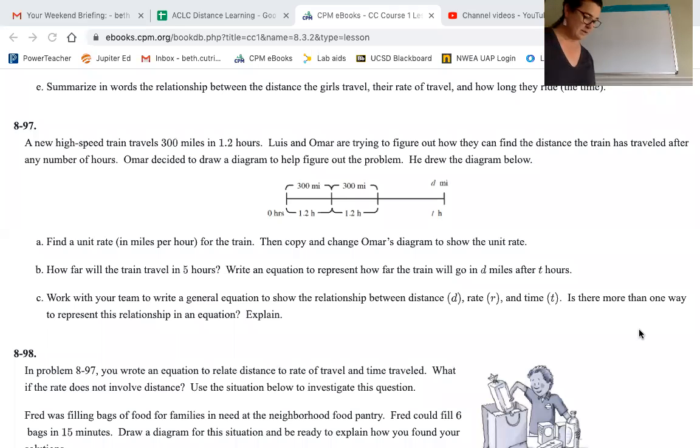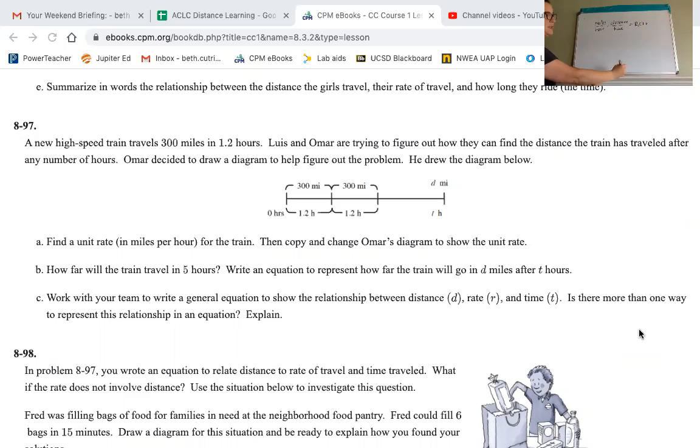And we're going to do 97 about distance rate problems. So just to remind you, we have miles per hour, which is distance over time. And this equals rate.